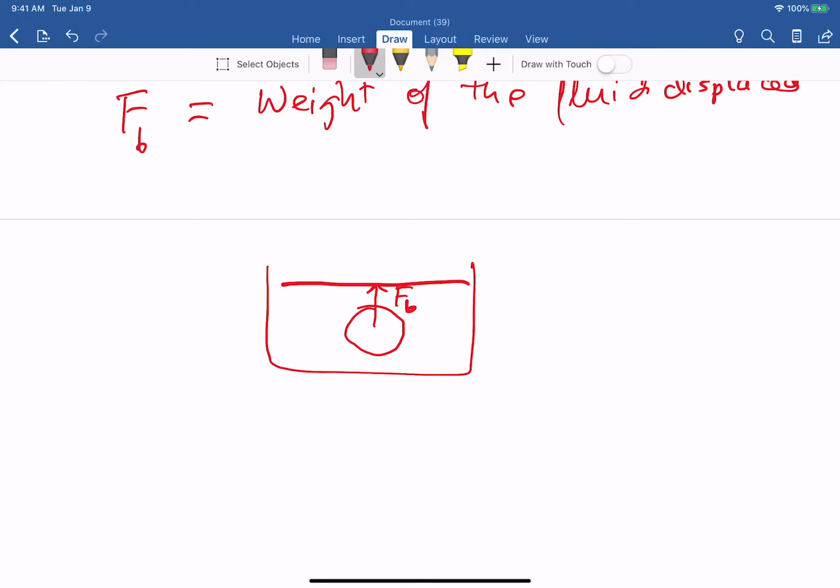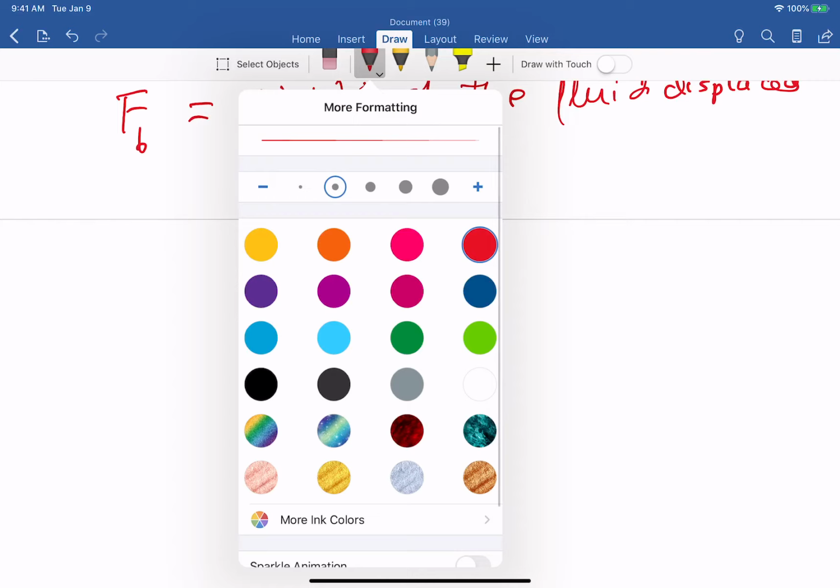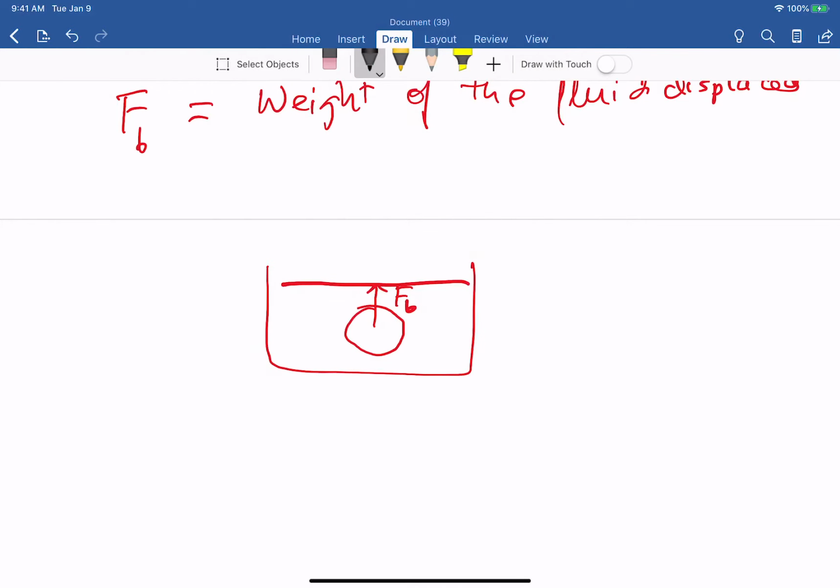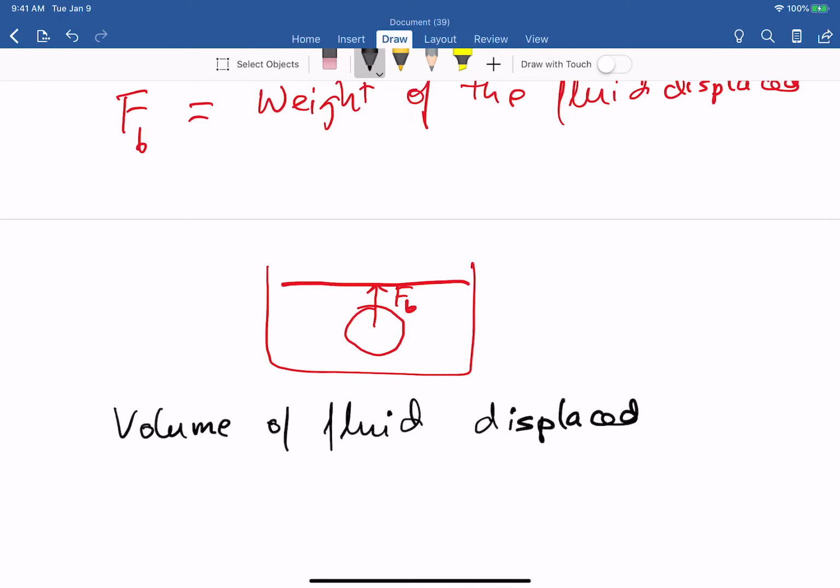So the volume of fluid displaced is exactly equal to the volume of the object submerged.